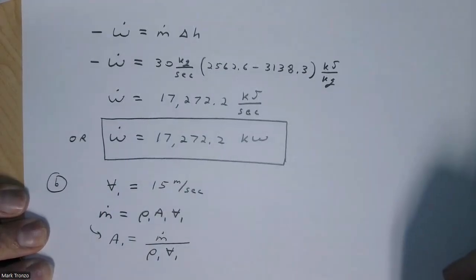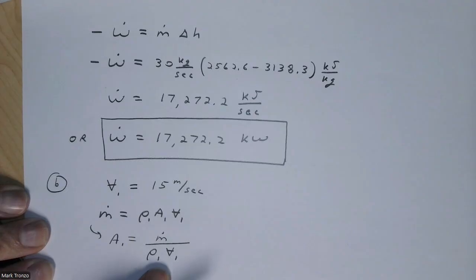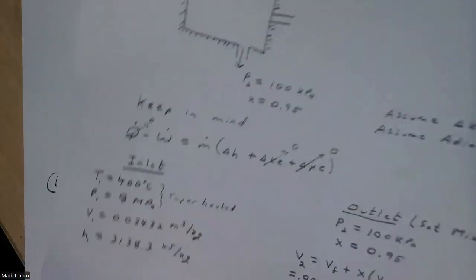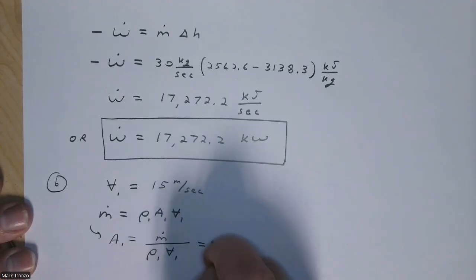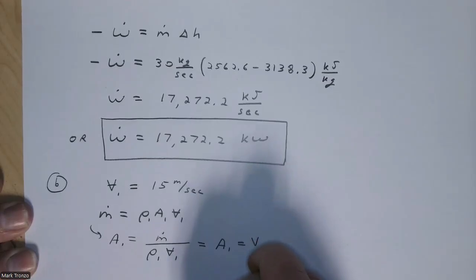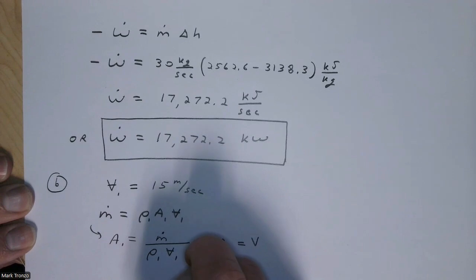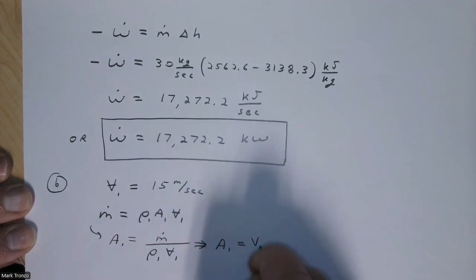Now, of course, rho 1 is 1 over v1, and we calculated v1 back here. So we could write this as A1 equals v1 times m dot divided by velocity 1.